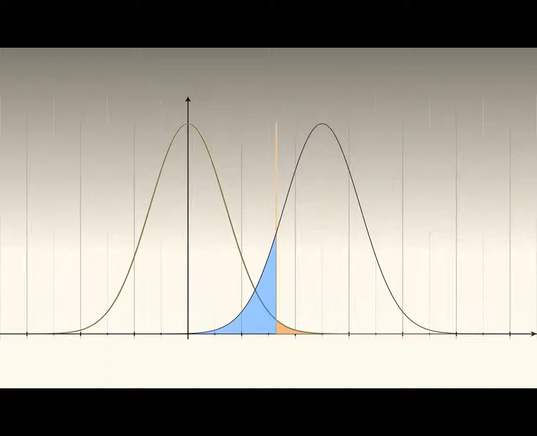This is your beta. That blue is beta. So this is where my null is false and I fail to reject. My null is false because I need a different diagram. Here I fail to reject because it's below the rejection region. Does that make sense? Kind of. You guys with me?